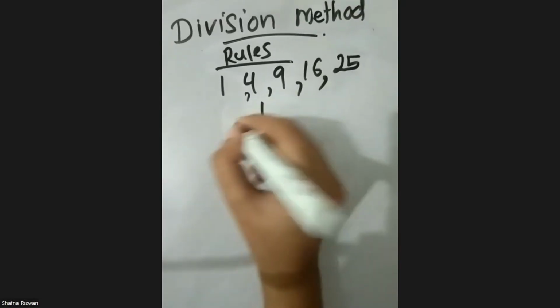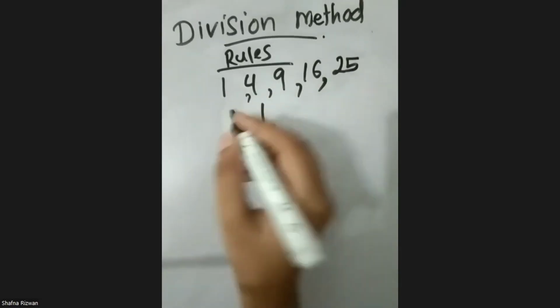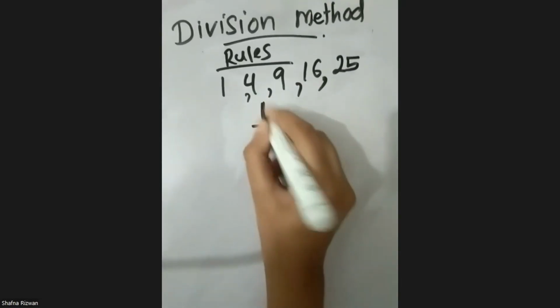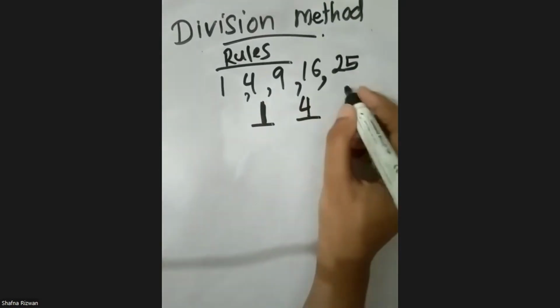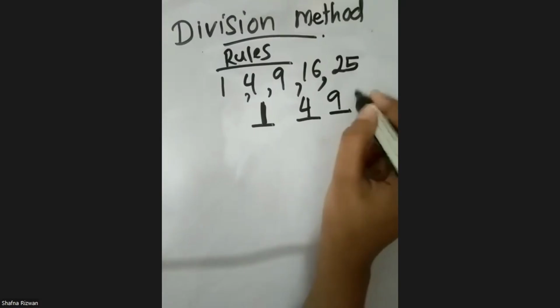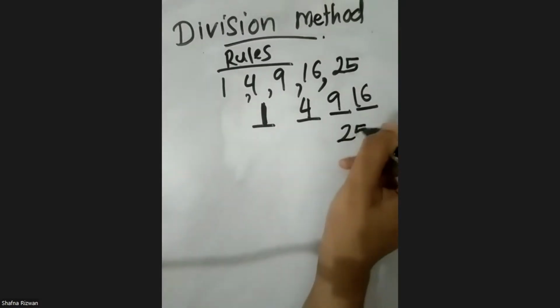How to find the number where you will get the last digit as 1, and the last digit as 4, and the last digit as 9, and the last digit as 6, 16 and 25.